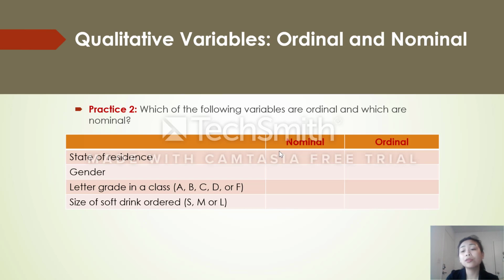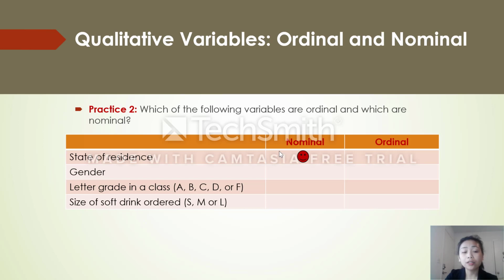Like we can list New York first, then Louisiana, or we can list California first. It doesn't matter which state comes first in this situation. So this is an example of nominal.